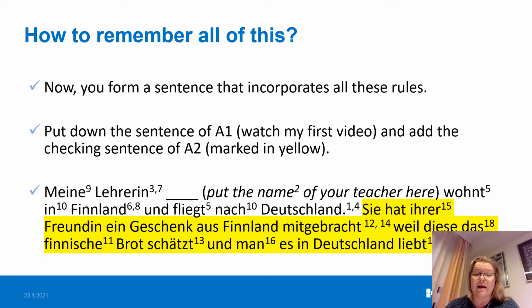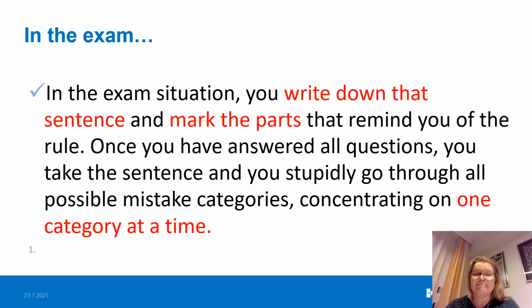So you put them down and then you go through the different mistake categories. So you mark the parts that remind you of the rule. Once you have answered all questions in an exam, you take the sentence, or the two sentences in this case, and you stupidly go through all possible mistake categories, concentrating on one category at a time.